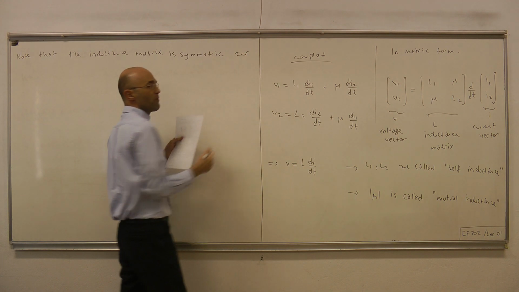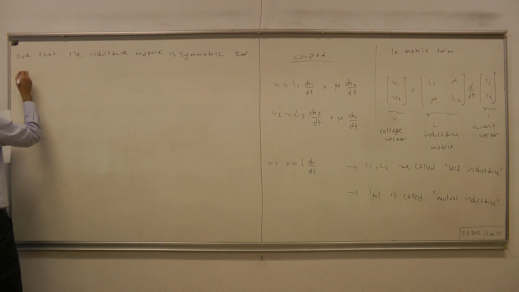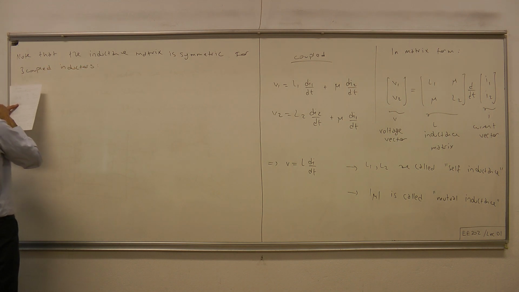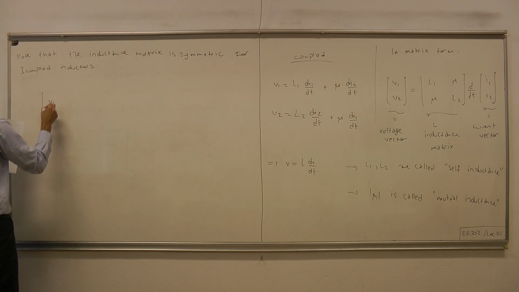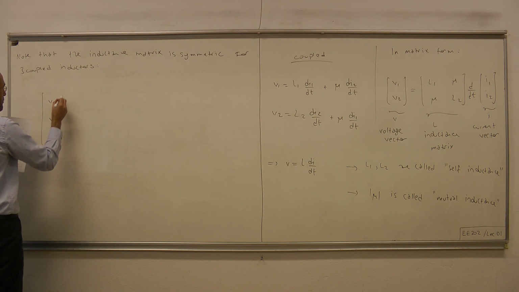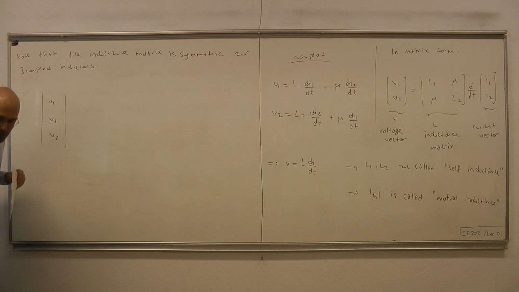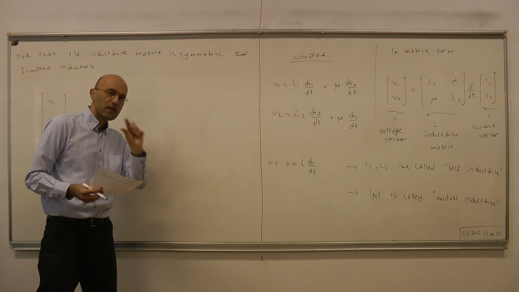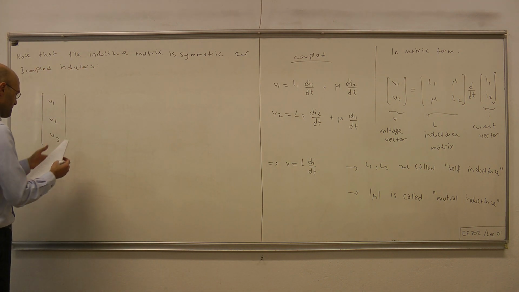For instance, for 3 coupled inductors, we have something like this. We have the voltage vector, which contains 3 individual voltages corresponding to 3 coils.